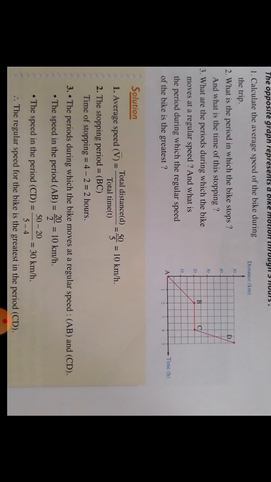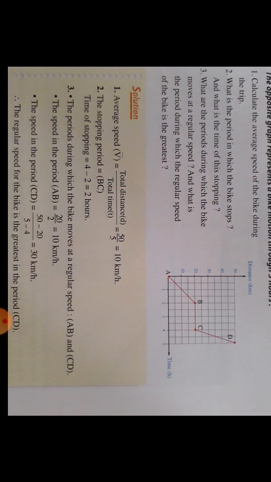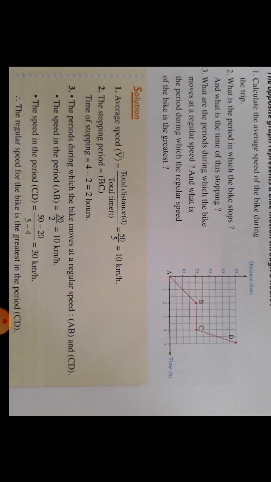Through AB, distance 20 over 2, so 20 divided by 2, 10 kilometers per hour. While in case of CD, the distance here from 20 to 50, which means 30 kilometers, and the time from 4 to 5, which means 1 hour. So 30 over 1 equals 30 kilometers per hour, and obviously the regular speed through CD is the greatest.